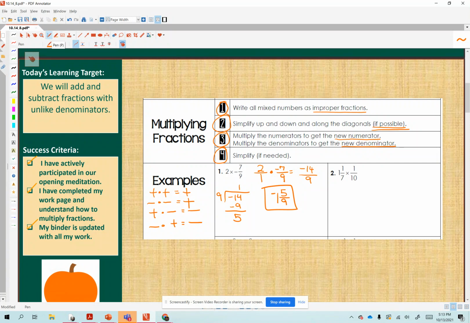Okay, 1 and 1/7 times 1/10. We have a mixed number, so we have to turn it into an improper fraction.